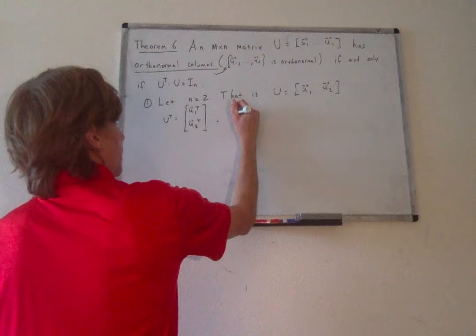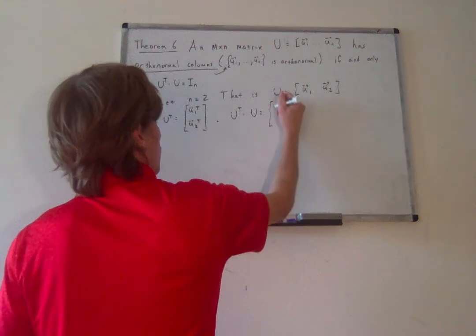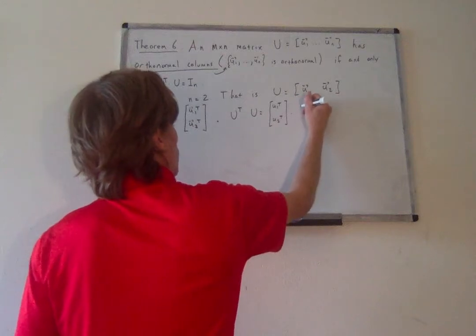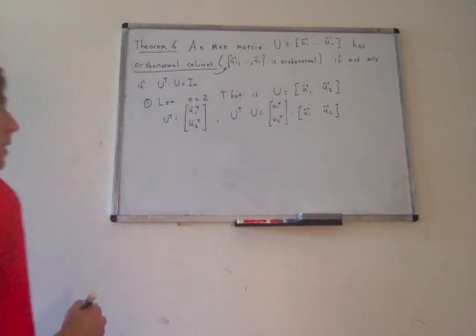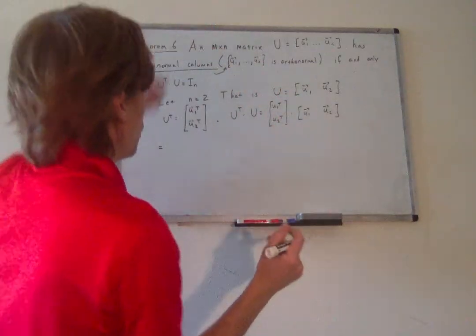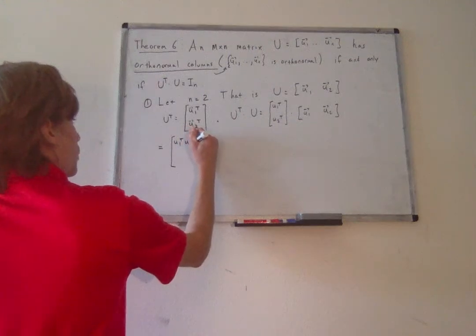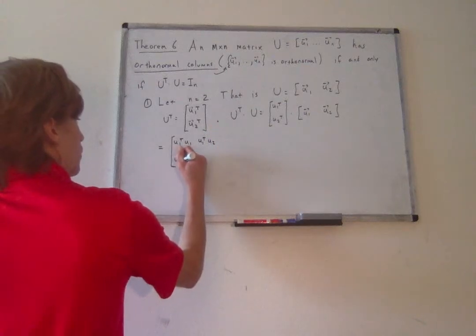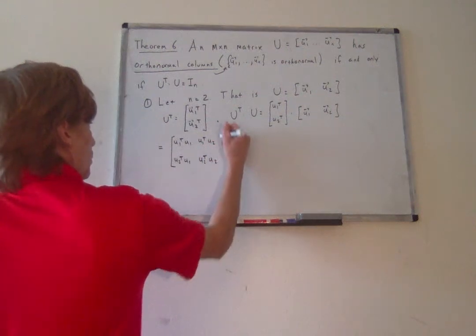So then we want to calculate U transpose times U, which is equal to U1 transpose, U2 transpose times U1, U2. And so we can actually now do the matrix multiplication dance here, right? If you imagine doing this, you'd get a 2 by 2 matrix where we had U1 transpose times U1, U1 transpose times U2, U2 transpose times U1, and finally U2 transpose times U2.